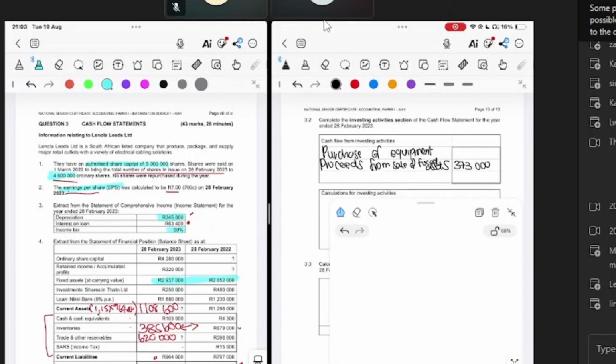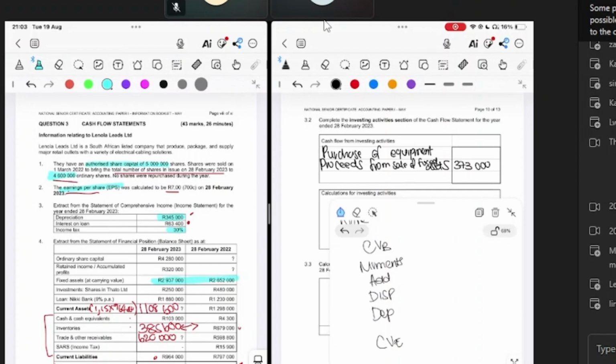So what is that? Note 3. How does note 3 work? You start with your carrying value at the beginning, then you have your movements. What makes up your movements? Additions, disposals, and depreciation. Then what do you get? Your carrying value at the end.